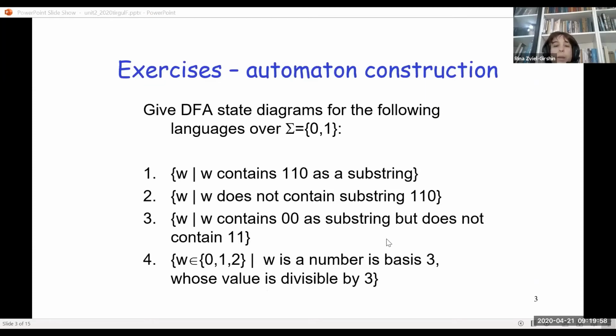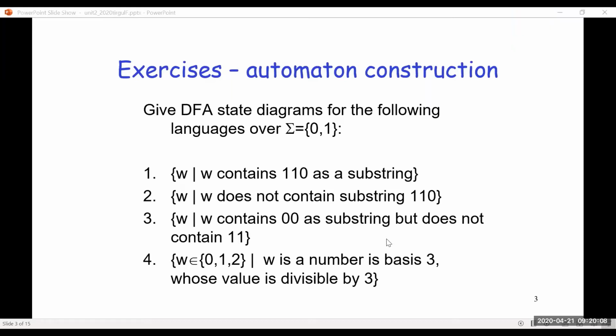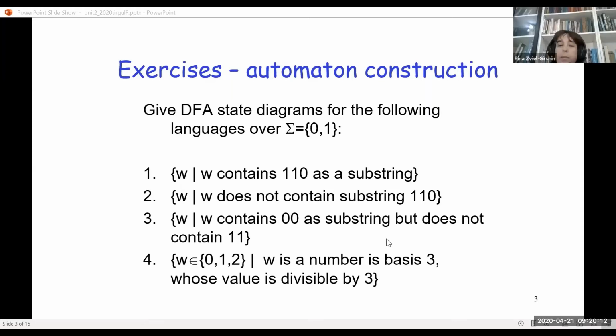We have the alphabet 0, 1, 2. The question is when your word is divisible by 3. Exactly, the same idea. So once again, take a moment, solve this question, and we will do it in a moment together.